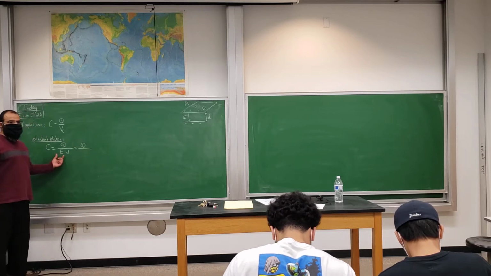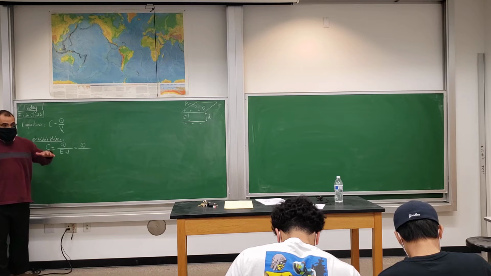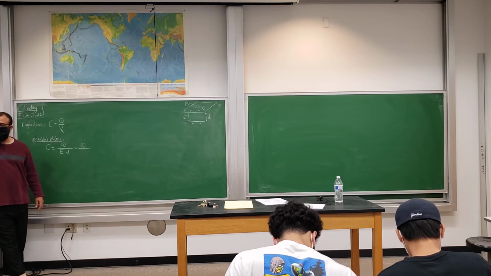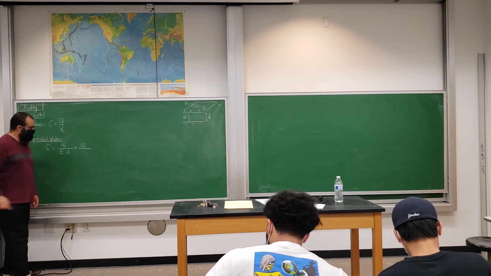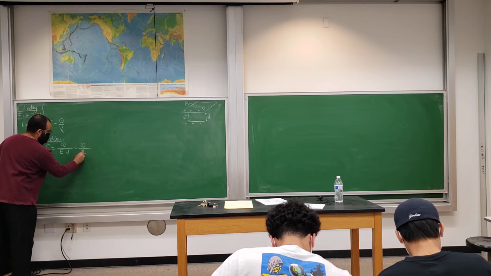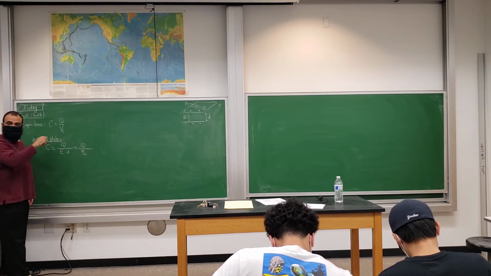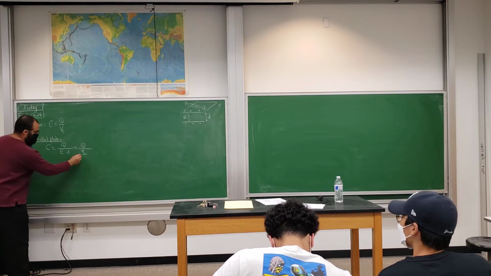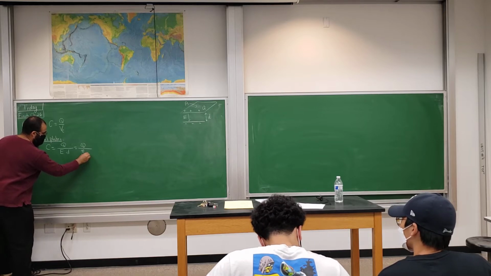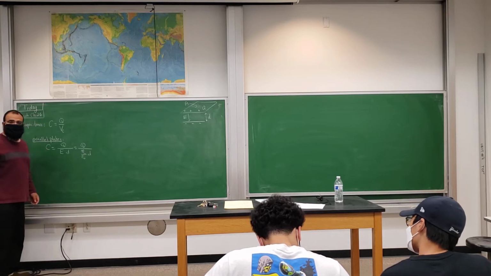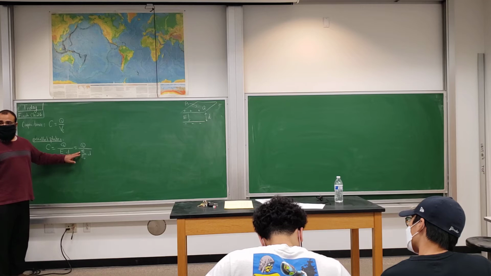Now remember what the electric field between two parallel plates was. What was it? Eta over 2 epsilon naught? Yeah, it was eta over, each plate contributes over 2 epsilon naught, so when you add them it becomes over epsilon naught, and then times D, right? And eta is Q over A, right? It's the charge over area.